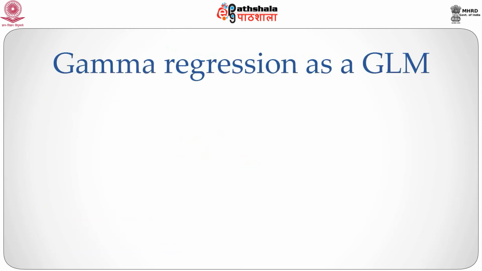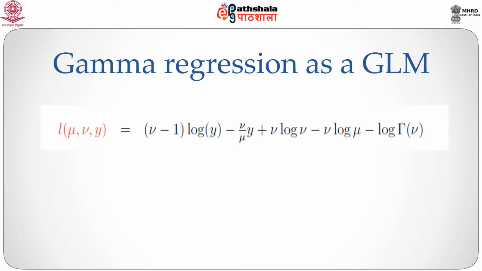Gamma regression can be written in terms of a GLM. So, note that the likelihood using the mean reparameterized form is given by L of μ, ν, y equal to (ν minus 1) log y minus ν y by μ plus ν log ν minus ν log μ minus log of Γ(ν).